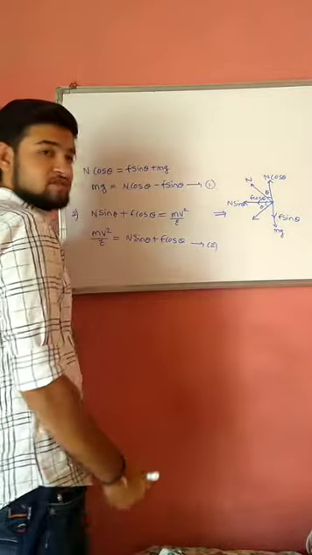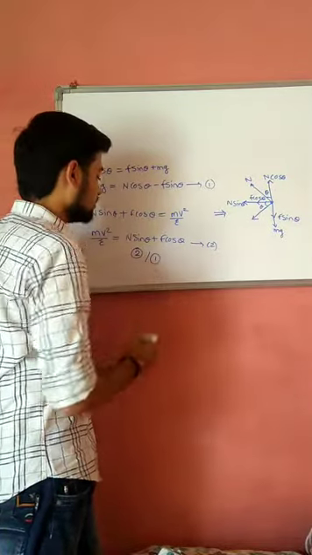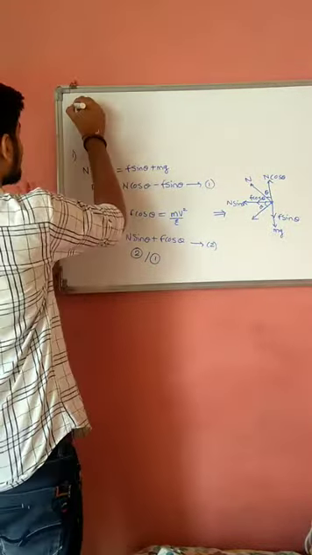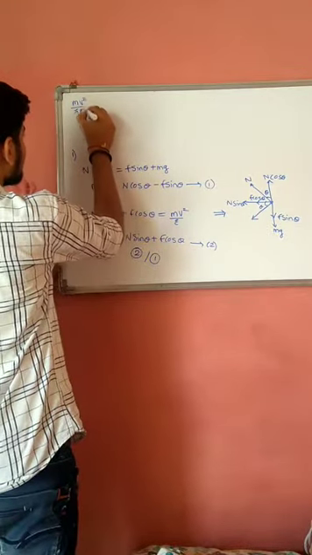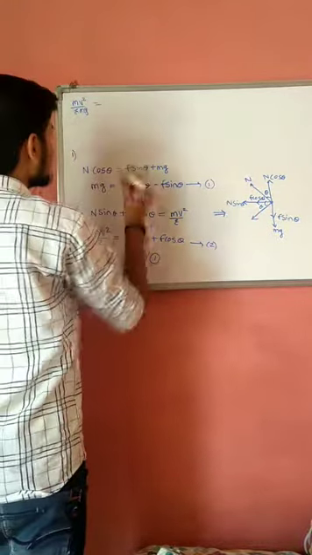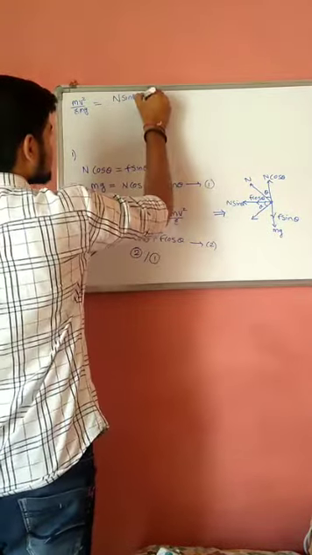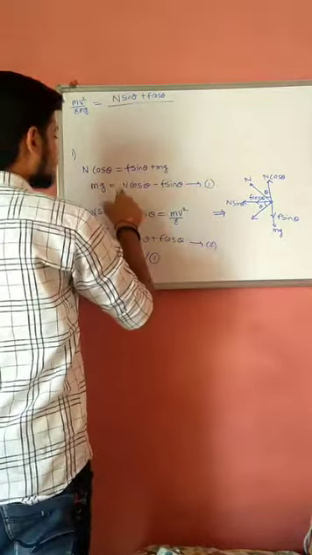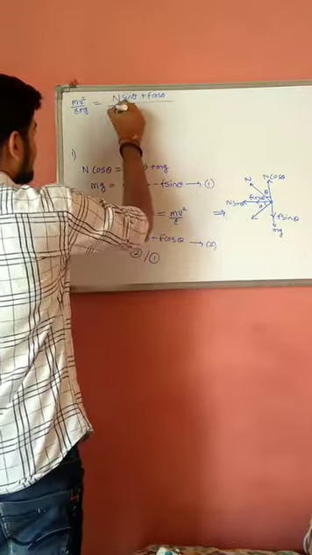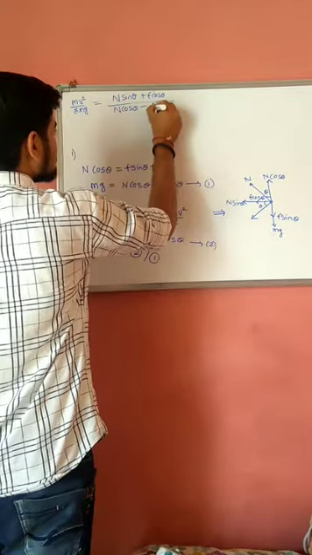To find out the maximum safety speed, divide equation 2 by equation 1. So we get mv square upon r divided by mg is equal to N sin theta plus F cos theta upon N cos theta minus F sin theta.